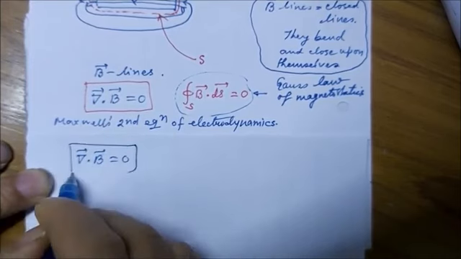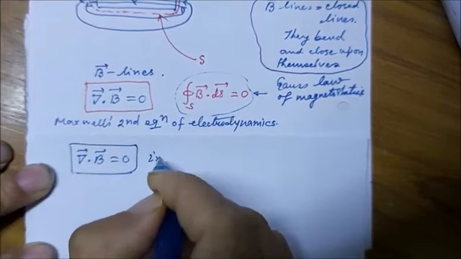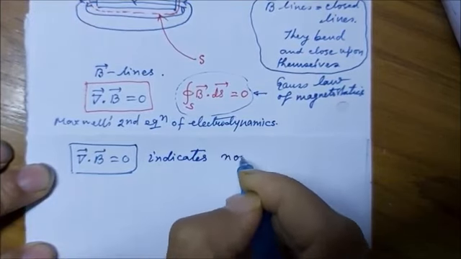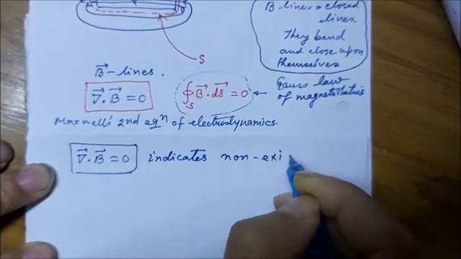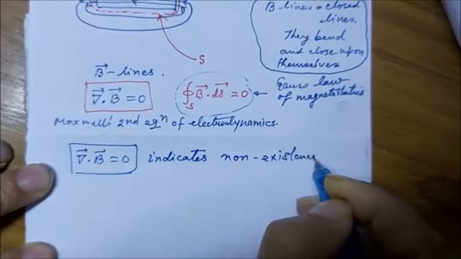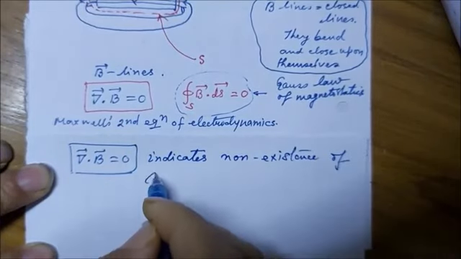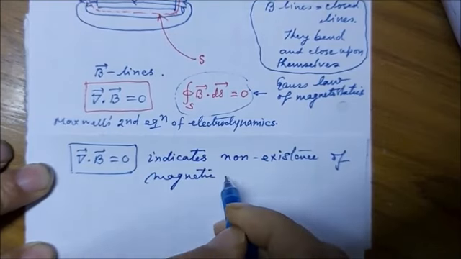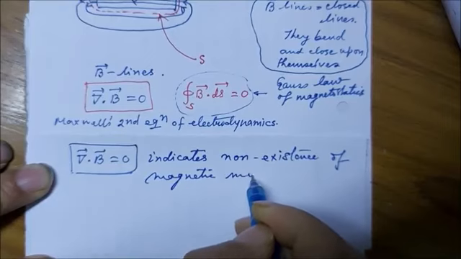This result, that divergence B is 0, indicates non-existence of isolated magnetic poles, that is North Pole or South Pole, in other words magnetic monopole.